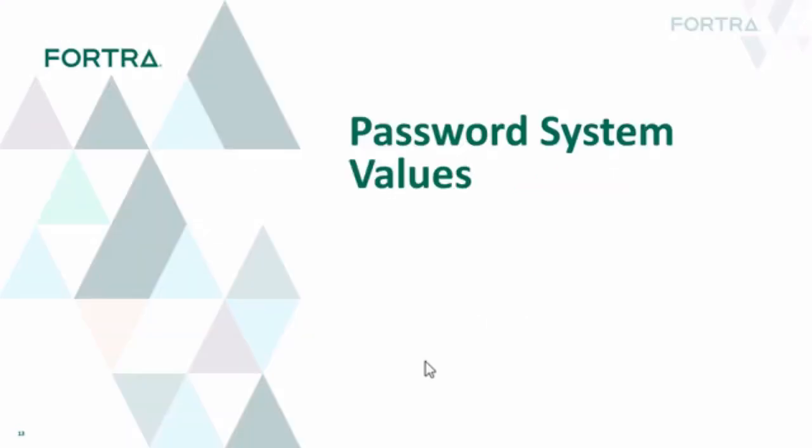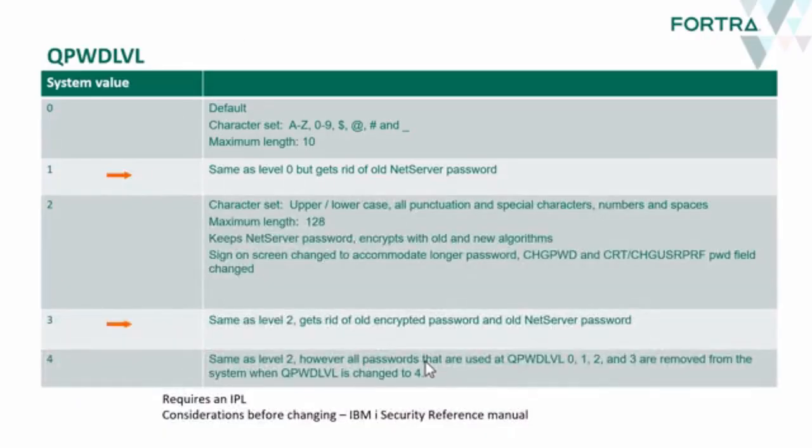Password system values. So we talk about passwords a lot. People are talking about eliminating passwords, which would be amazing. But there's still times that we're going to have user profiles with passwords on our IBM i systems. So today, the shipped value by default is 0. And that gives us very limited ability for complexity.